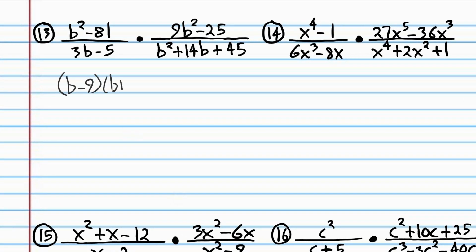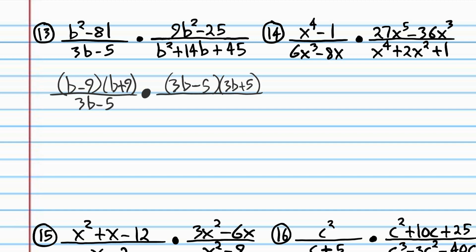Difference of two squares. Difference of two squares again. And plus minus, what two numbers multiply to 25? Or what number multiplied by itself equals 25?